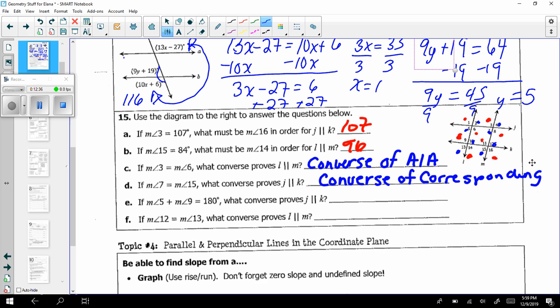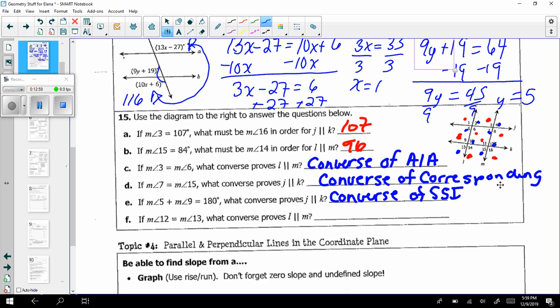If angle 5 plus angle 9 are equal to 180, which means they're supplementary, what converse proves that? Those are same side interior angles, so that's the converse of same side interior. And I just do SSI.